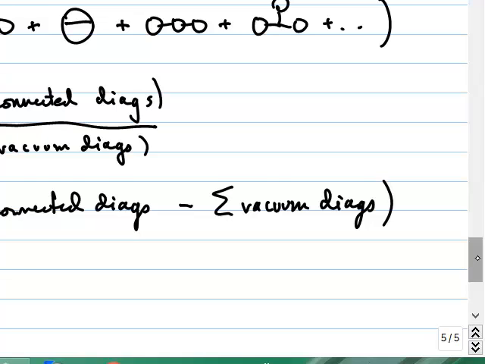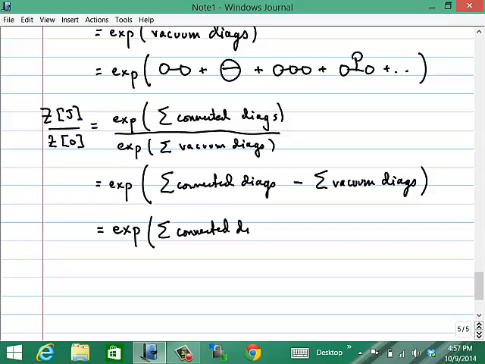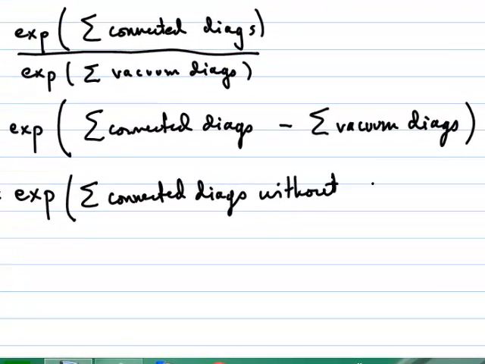Okay, so that means that the quantity that we compute when we compute a correlation function is not the exponential of the sum over all connected diagrams, but it's the sum over all connected diagrams without bubbles.